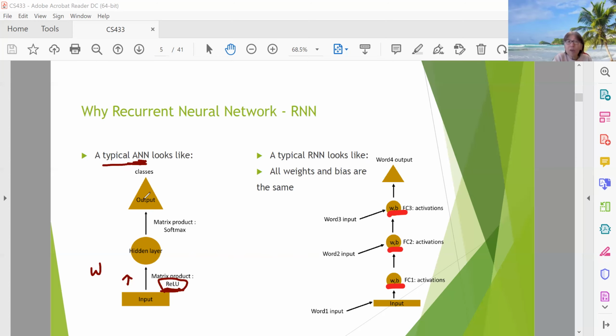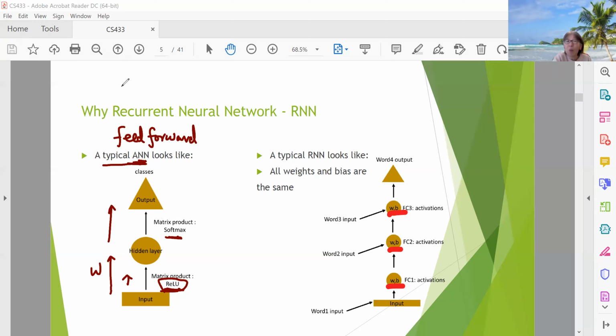Then you generate the output from the hidden layer to the prediction, and for neural networks a lot of the time we use softmax. So it goes all the way from input to hidden layer, then from hidden layer to output. That's why we say it's feed forward.